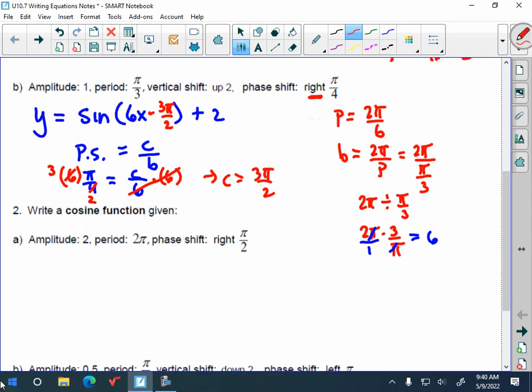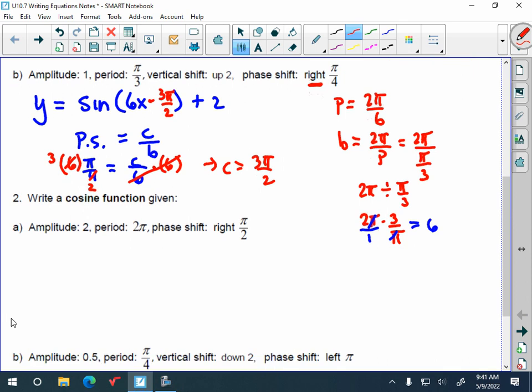All right, so now let's do a cosine function. So amplitude is 2, period 2 pi, phase shift to the right, pi over 2. All right, so y equals 2 times cosine. We'll put parentheses. There's no vertical shift, so d is 0. So now we're going to find b.